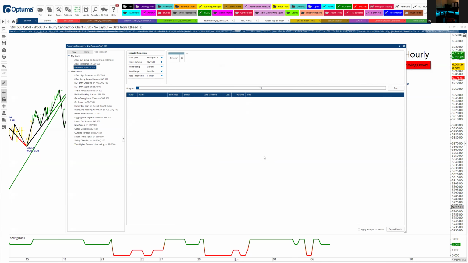Oh boy, it's going to freeze up now. I knew it, knew it, knew it. I'll run a couple scans. I like this data, but I hate them at the same time. This IQ feed.